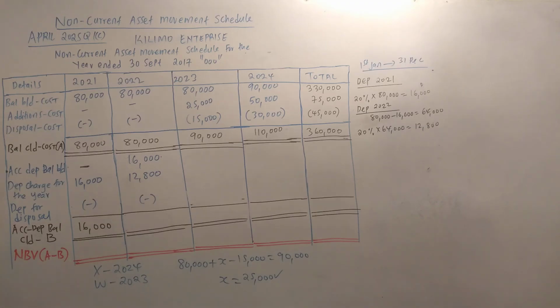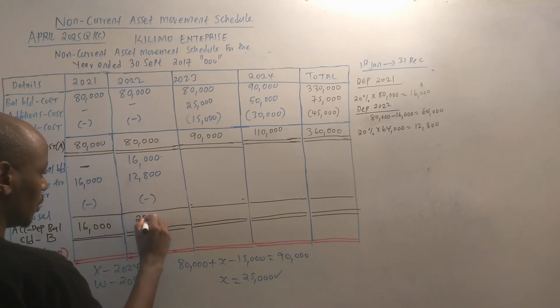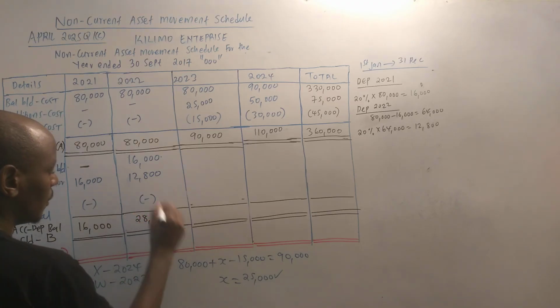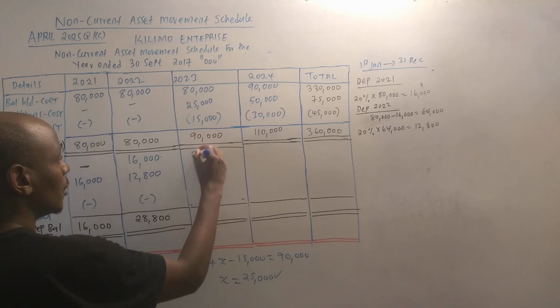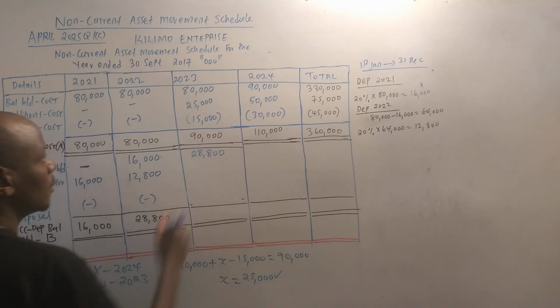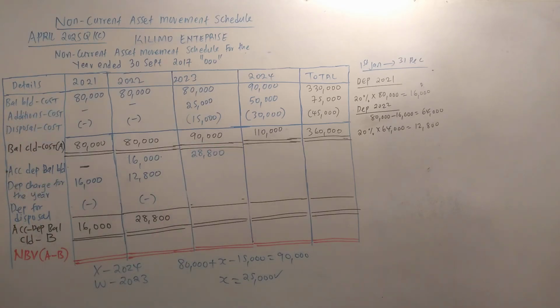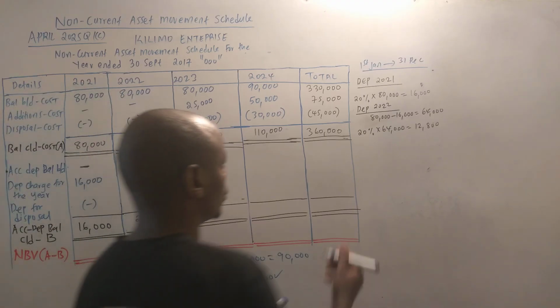That is 28,800. Now the balance at the end becomes the balance at the beginning, as usual. That is 28,800.